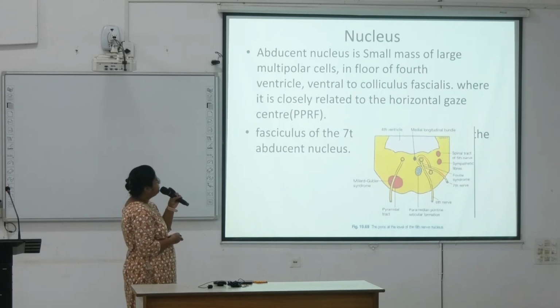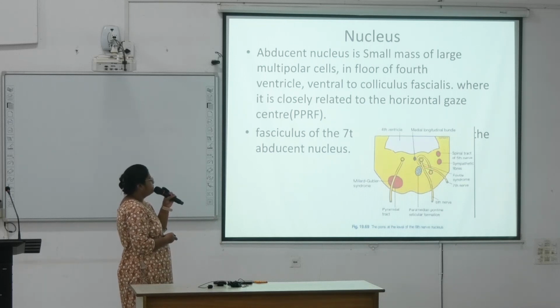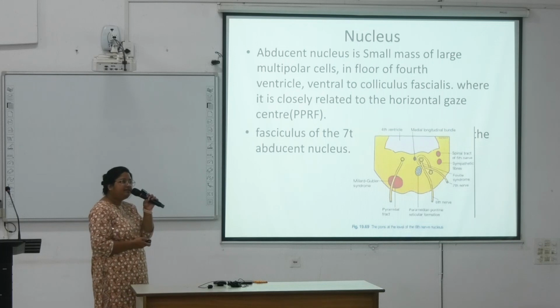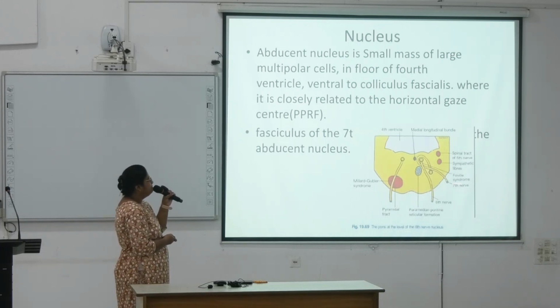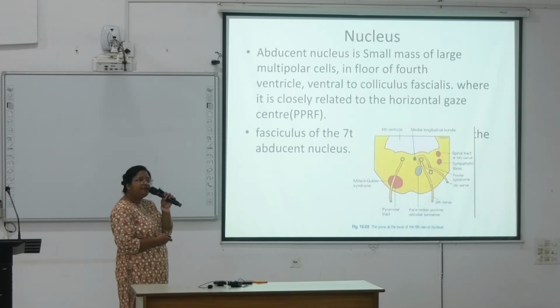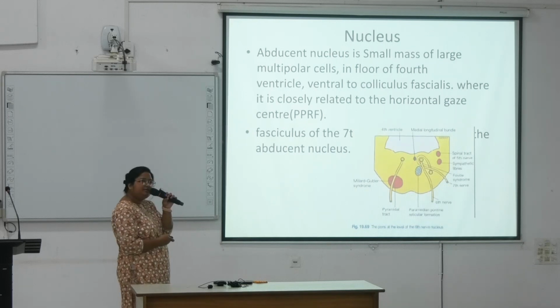See here one important point. Here is the sixth cranial nerve nucleus, that is the abducent nucleus. Here is the seventh cranial nerve nucleus. The seventh cranial nerve is the facial nerve. This facial nerve winds around the abducent nerve nucleus and forms an elevation in the floor of the fourth ventricle, known as the facial colliculus.